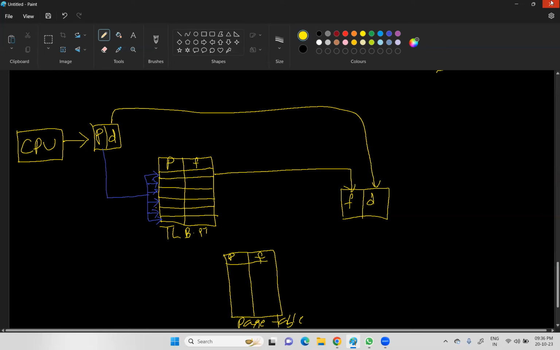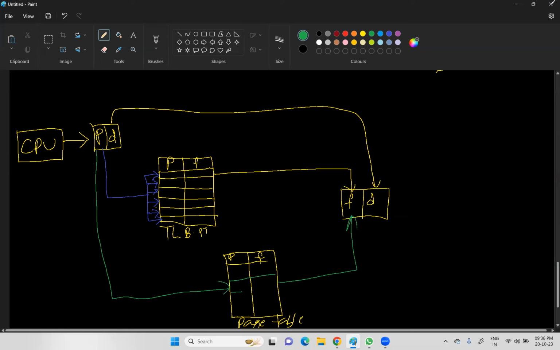Now, if any page number CPU wants to execute, that page number is not available in the TLB page table, then it will also look into page table and identify the so-called frame number and can be forwarded here.